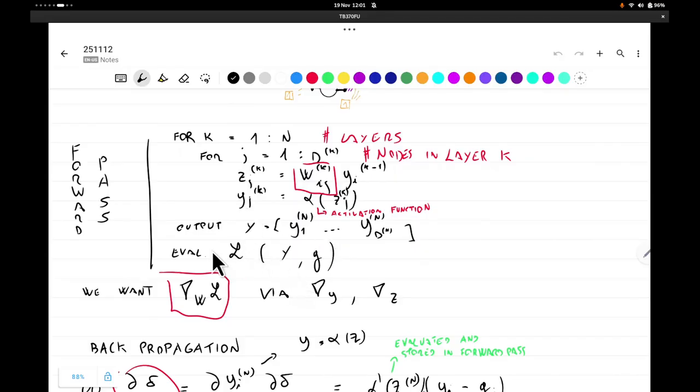And then we evaluate the loss function, that is a function of this output and the ground truth, g. And now we want to know how to modify the weights. Our network is fully specified by the weights, and these are the parameters that we want to train.